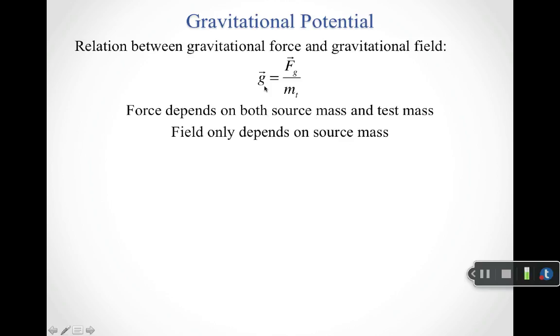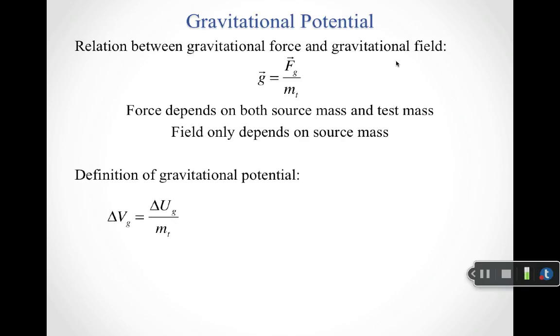And what we're going to do is play exactly the same kind of game in relating the gravitational potential to the gravitational potential energy. So the definition of the gravitational potential is that it's the change in the gravitational potential. V is going to be our symbol for potential. The change in the gravitational potential is equal to the change in the gravitational potential energy, where again I'm dividing out the test mass.